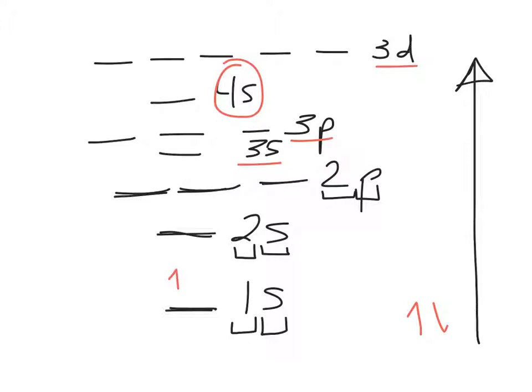So 1, 2, and energy level 1 is now filled. 3, 4, and that fills our 2s energy level. Now we move on to 2p. We have 2 electrons left, and this is the part where they would rather exist in their own sublevel than pair up. So we do 5 and 6.